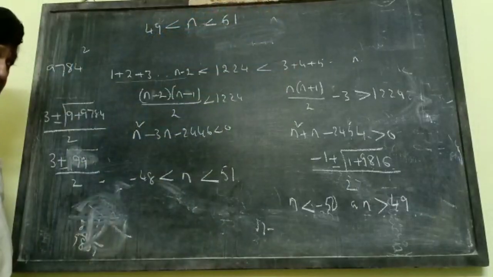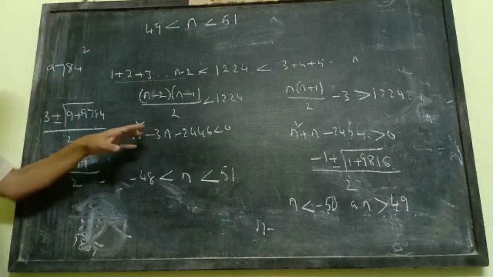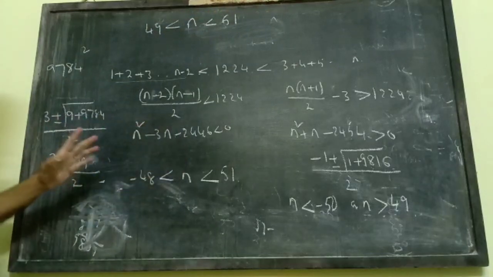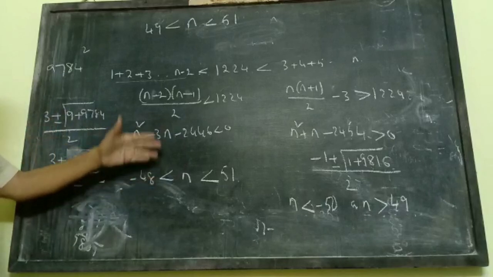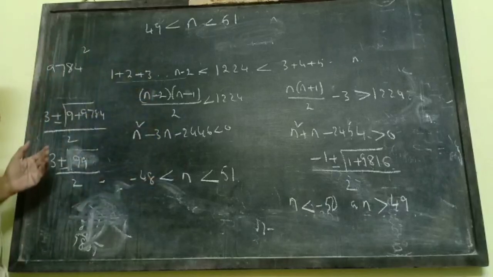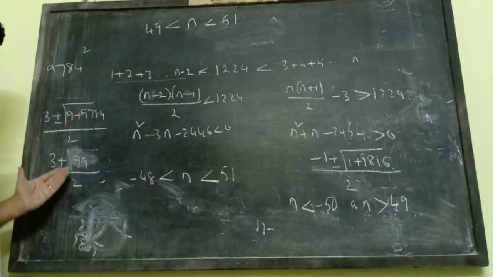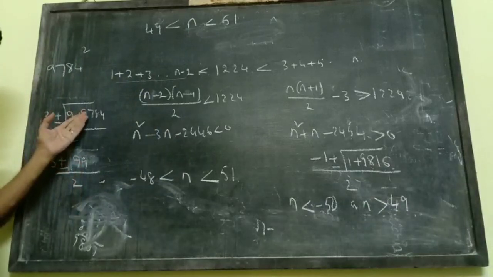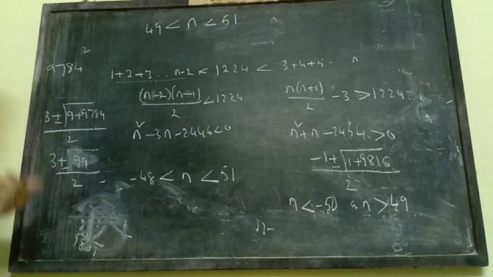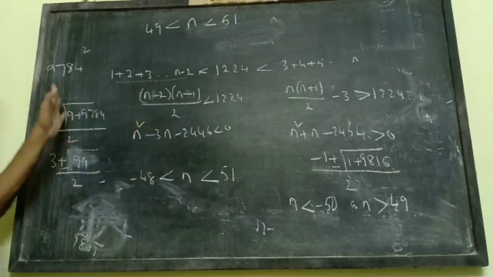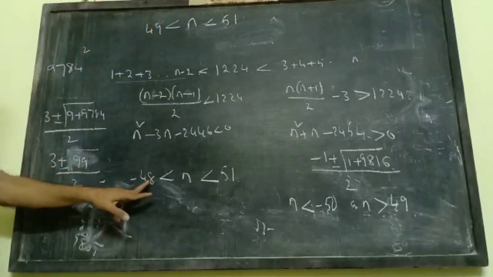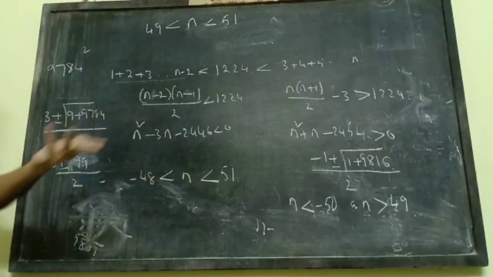Yes, understood? Here you will not get the exact root, you need not write it, because the idea is n must be an integer. So I am going for the closest approximation. This square root is approximately 99, and that is also approximately 99. Then the possible integer values we are going to get like this. n cannot be negative anyhow because n should always be positive.